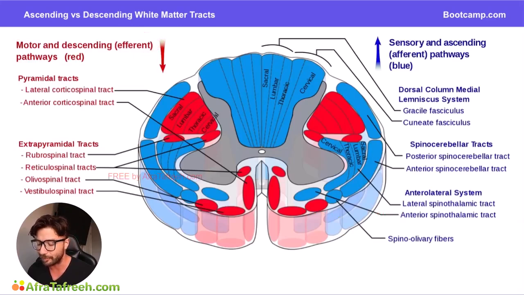These are going to be identified in red, and these can be subdivided into pyramidal tracts and extrapyramidal tracts. And pyramidal and extrapyramidal just refer to whether they're passing through the pyramids of the medulla, which you'll come to become familiar with in future videos. So that's how they're divided into pyramidal and extrapyramidal.